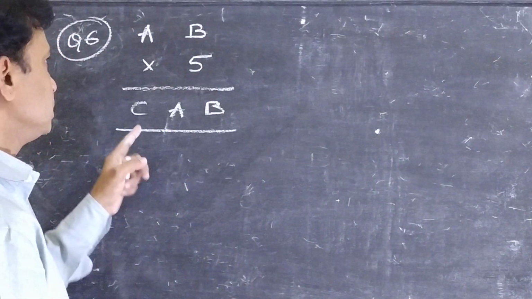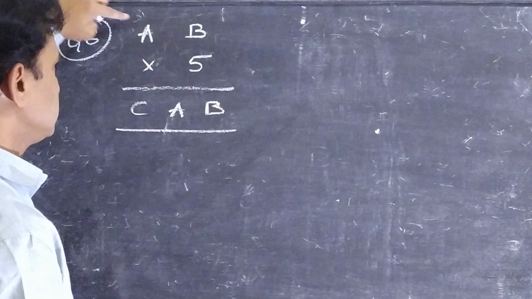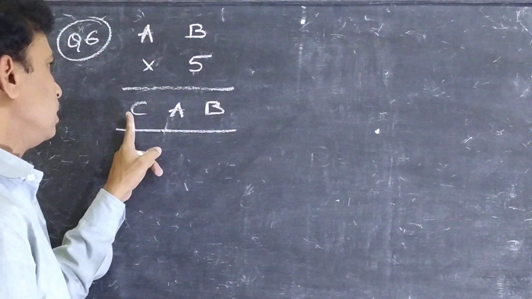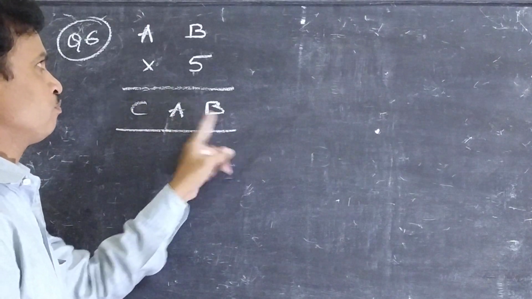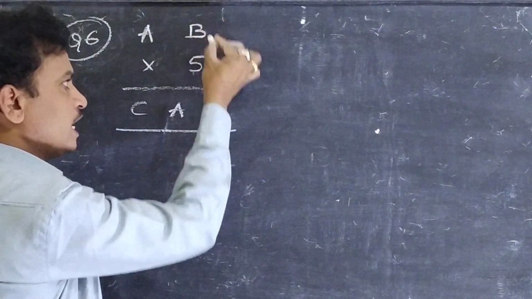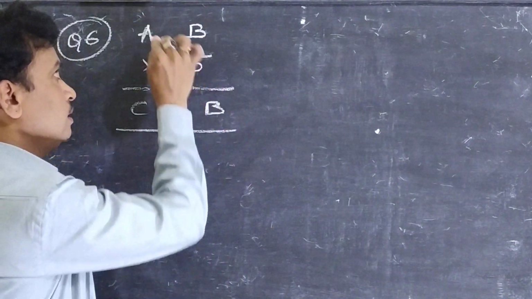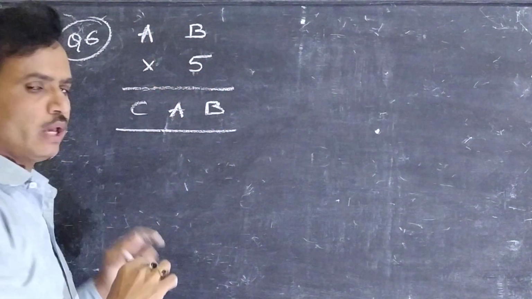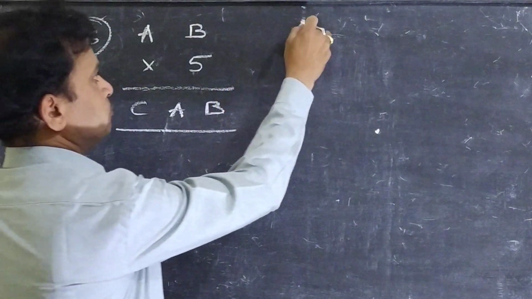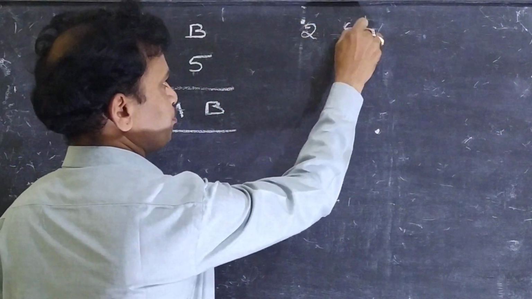So in this question number 6, A, B, here 5, answer C, A, B. Now here B, here also B is there. We want the same digit. Then here A and here also A. Now we will try 25.